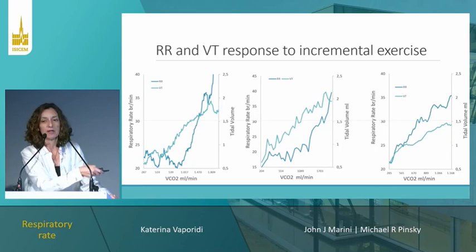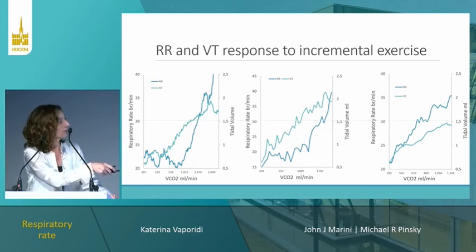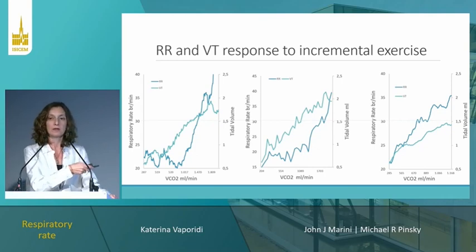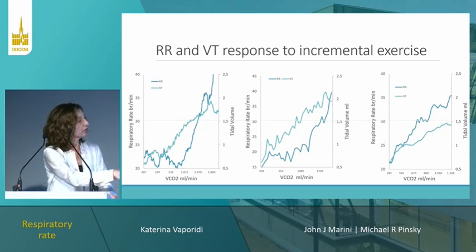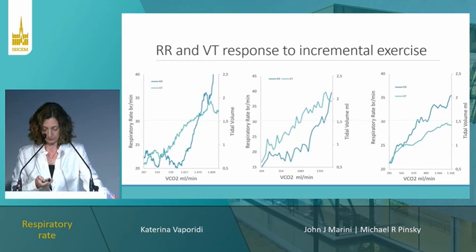Similar pattern in my most fit colleague, a rapid increase in tidal volume, a much slower increase in respiratory rate, only to increase fast when tidal volume did not further increase. And notice the response of the patient who could not increase the tidal volume because of the restrictive lung disease, so she had to increase the respiratory rate much faster and to a greater extent.